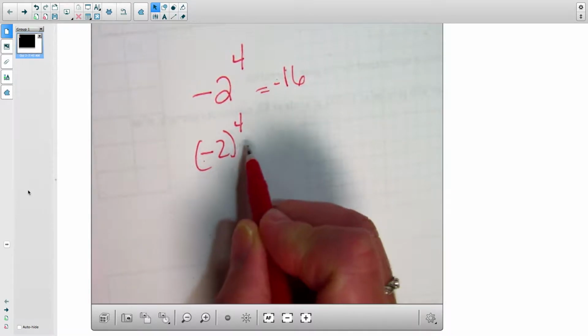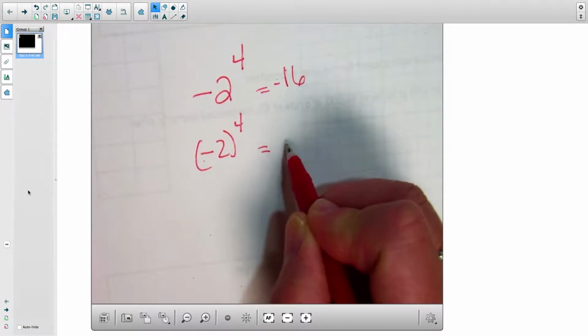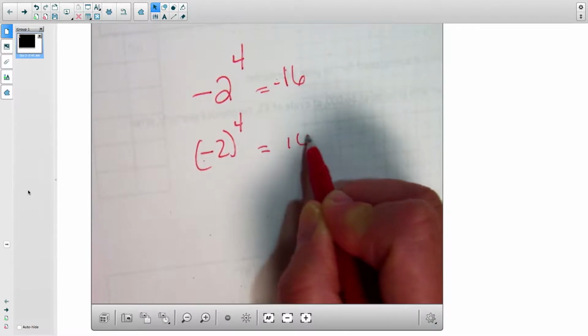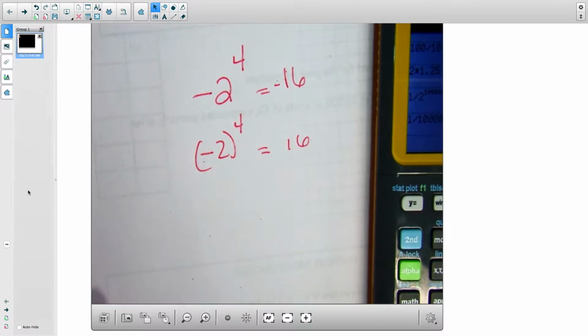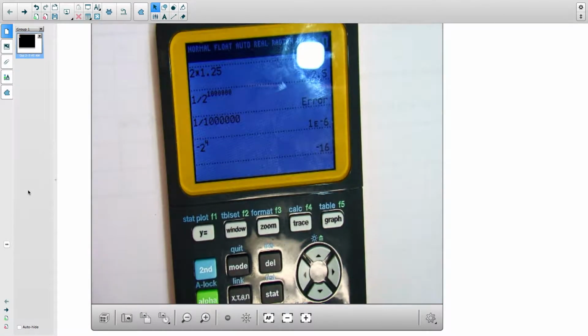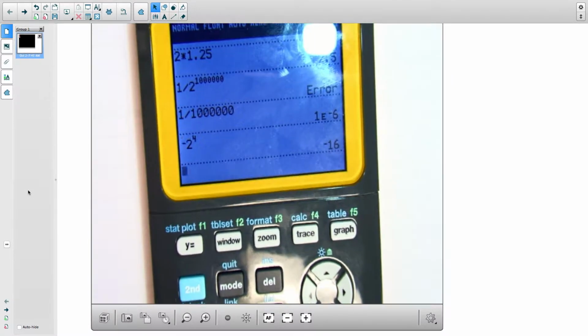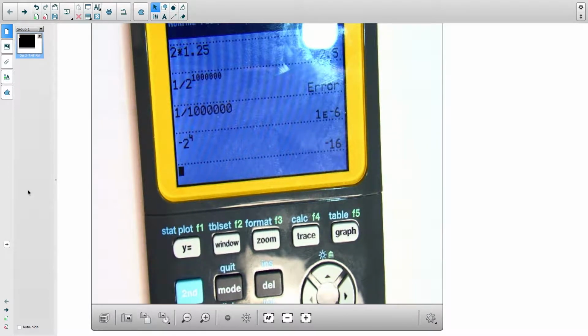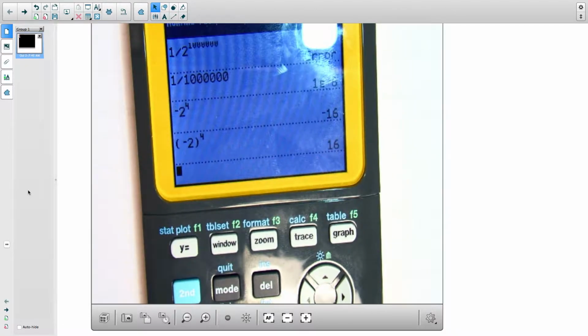Whereas negative 2 raised to the 4th is positive 16. And some of you are going to go, but I put this into my calculator and I got negative 16. If I put it in parentheses, I get a positive 16.